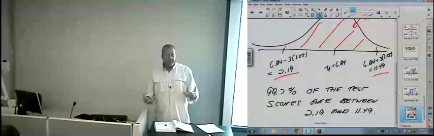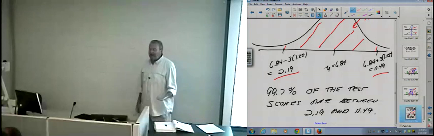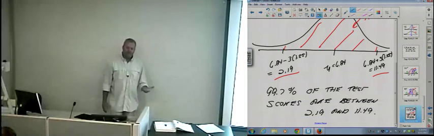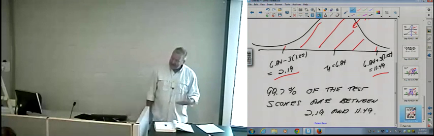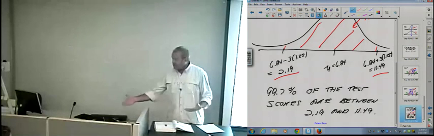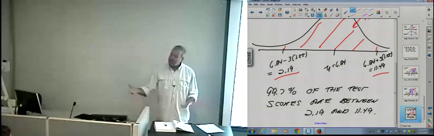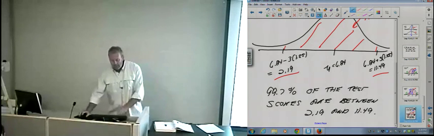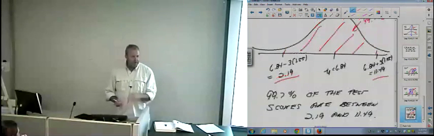So as soon as I'm talking about 99.7% of the area, I'm talking about that area representing 99.7% of the observations. So that means 99.7% of the test scores, which is what your observations are, are between 2.19 and 11.49. Okay?